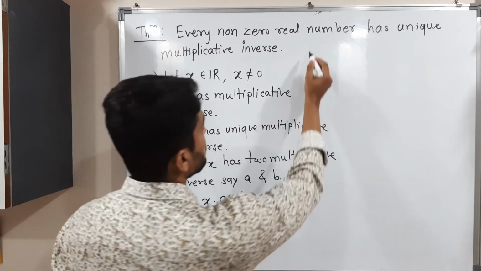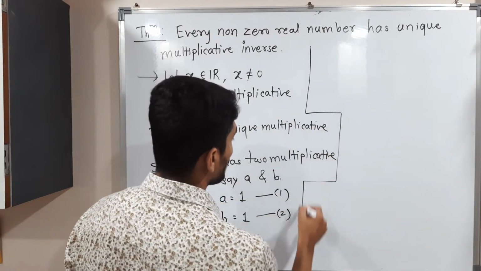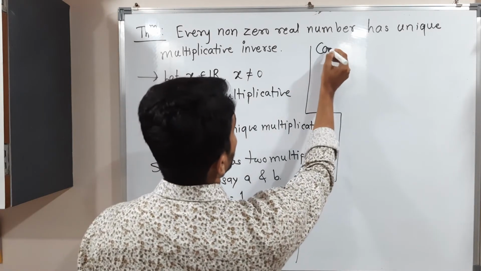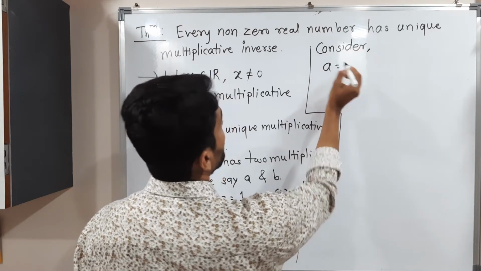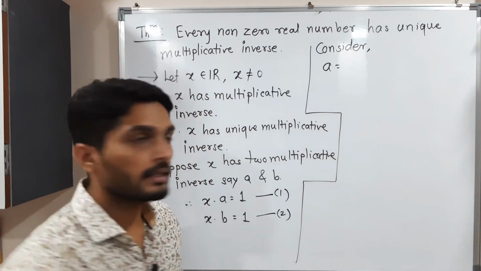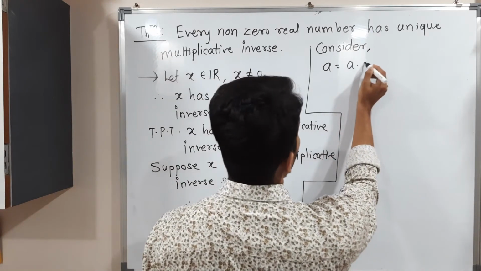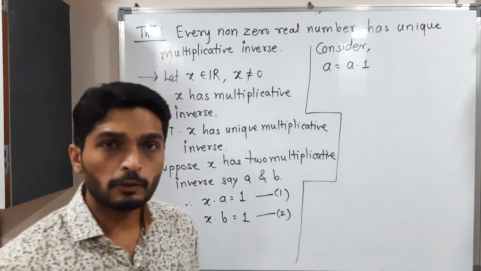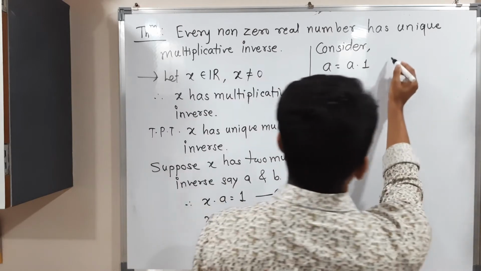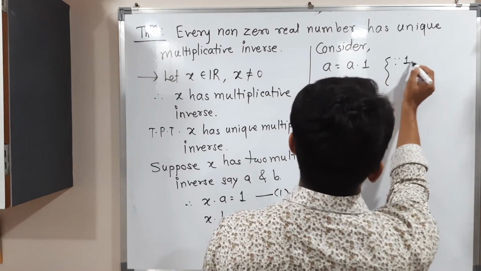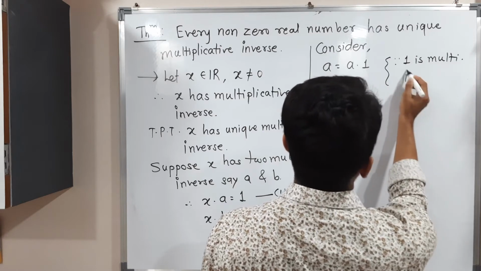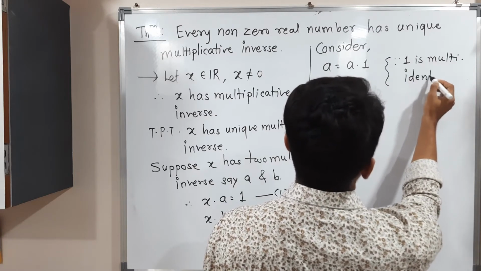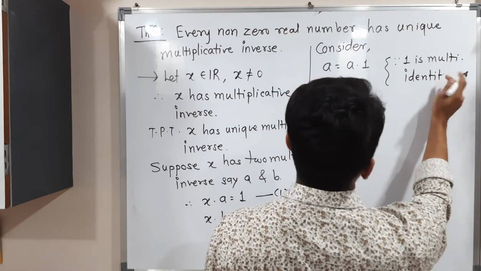Let us go further. See, I am going to consider now A. Tell me, can I write A is equal to A into 1? Yes, definitely A into 1 is equal to A because 1 is multiplicative identity.